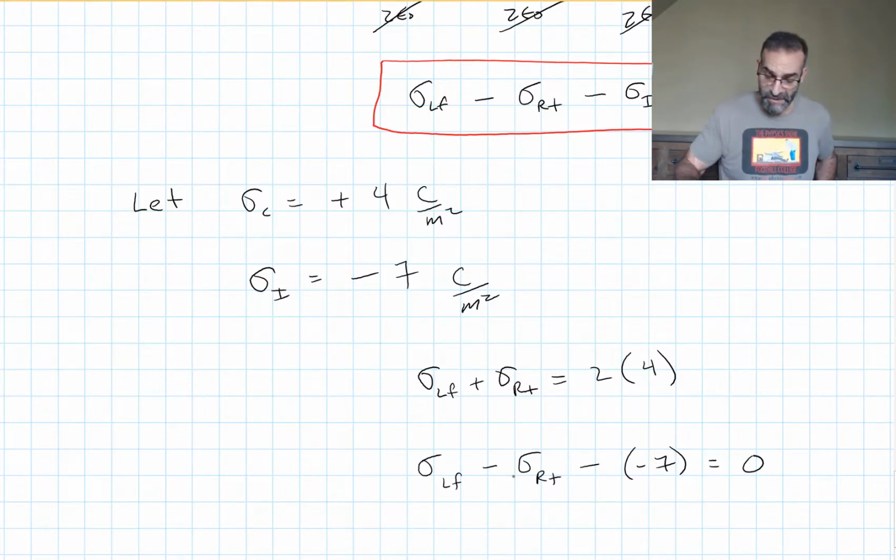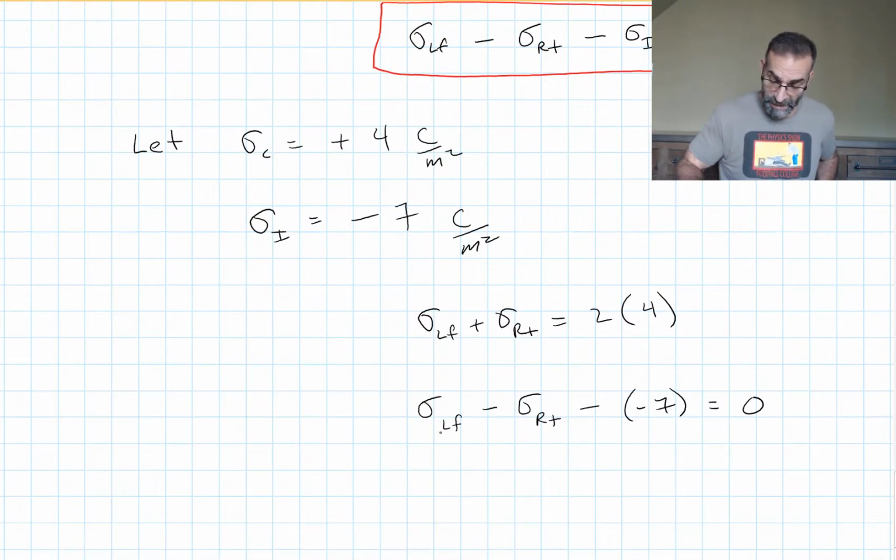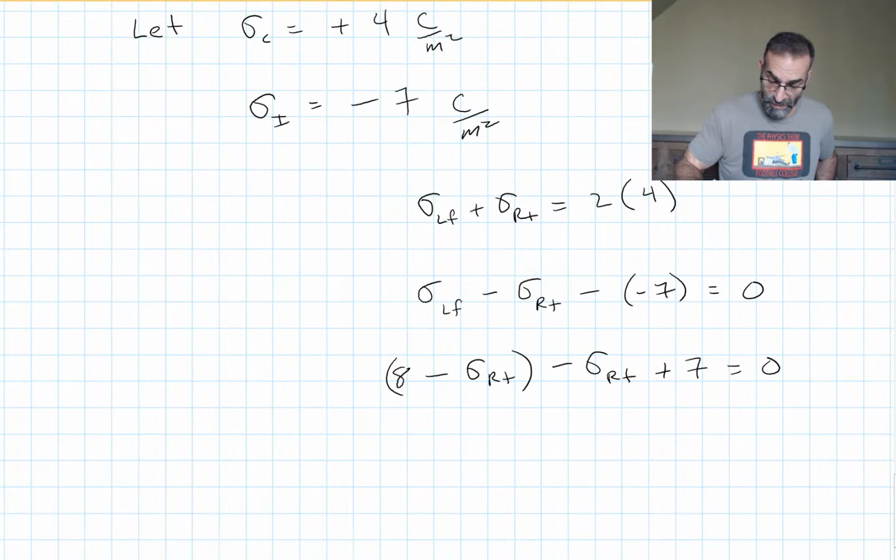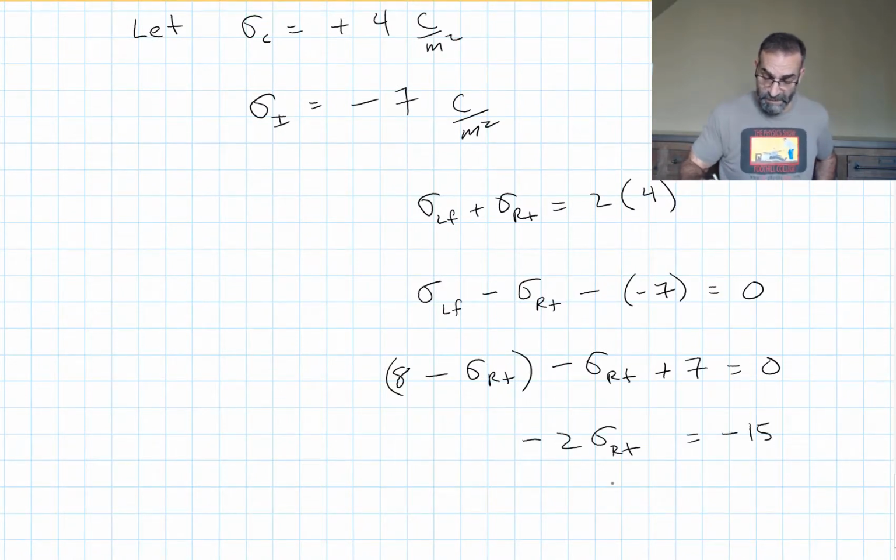I can substitute in sigma left is 8 minus sigma right, minus sigma right plus 7 is 0. And what do I get? Minus 15 is minus 2 sigma right, or sigma right is positive 7.5 coulombs per square meter.